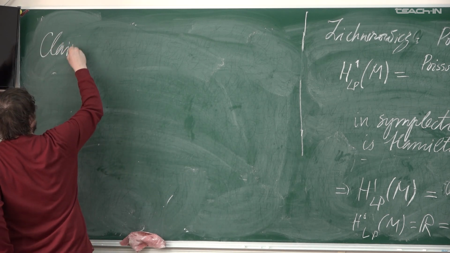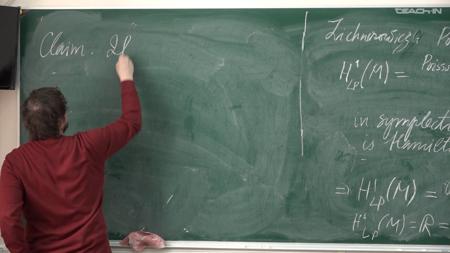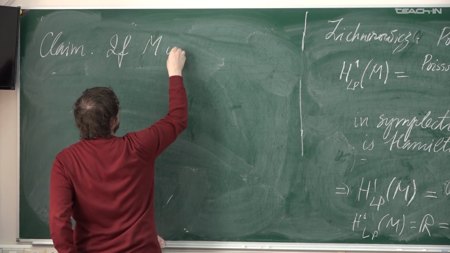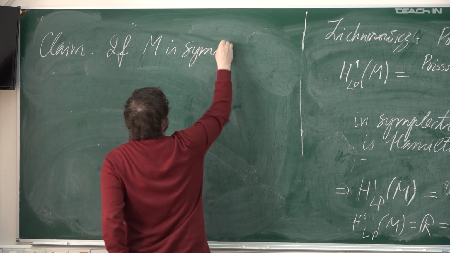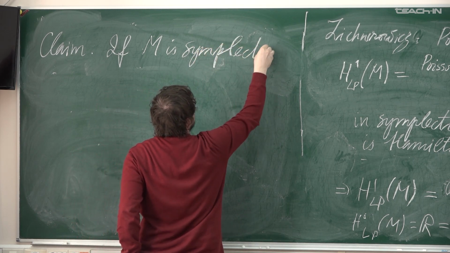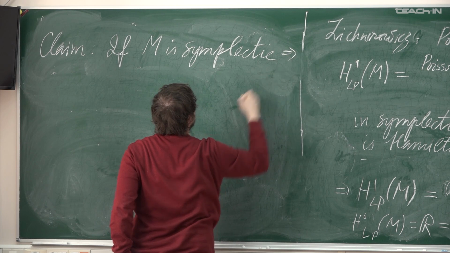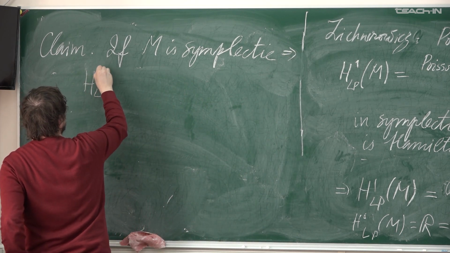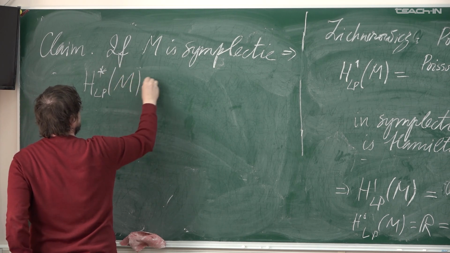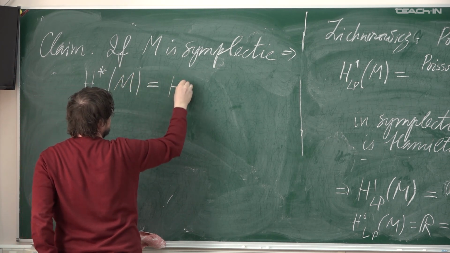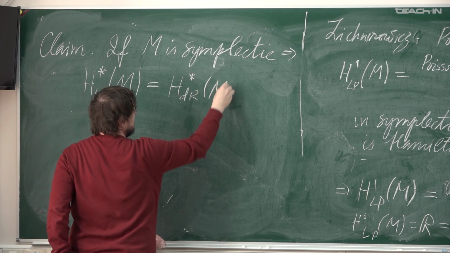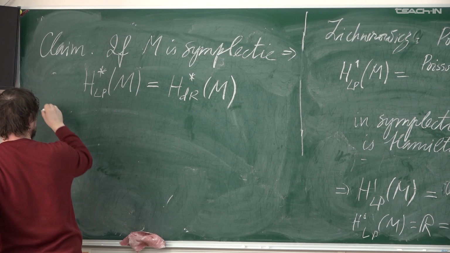Claim: if M is symplectic, then the Lichnerowicz-Poisson cohomology of M is always equal to the de Rham cohomology of M. And the proof is pretty simple.